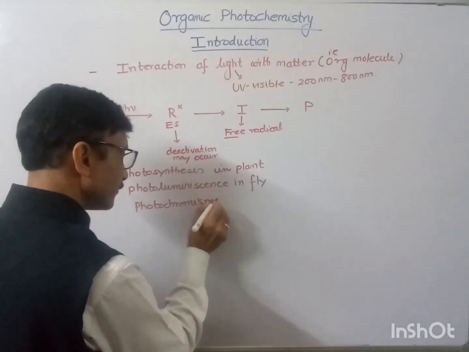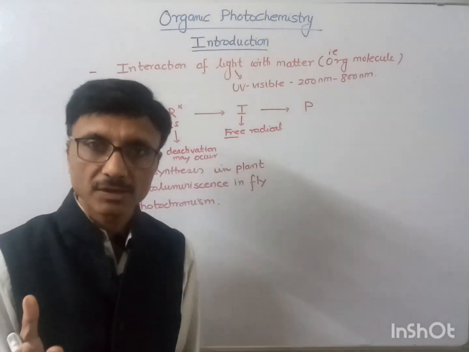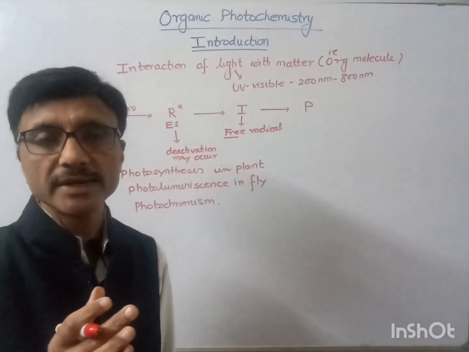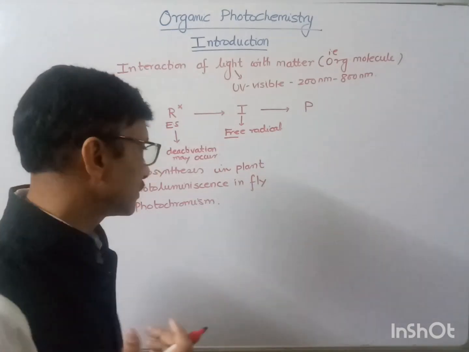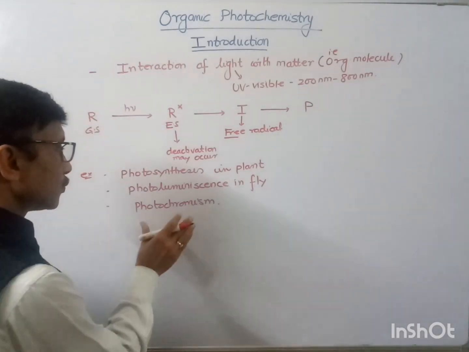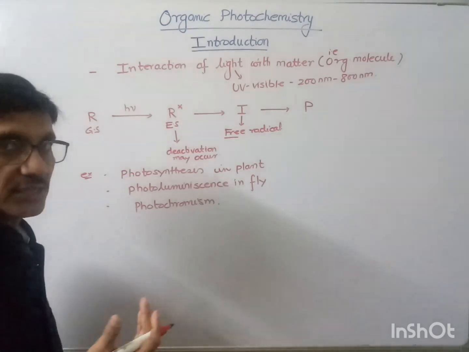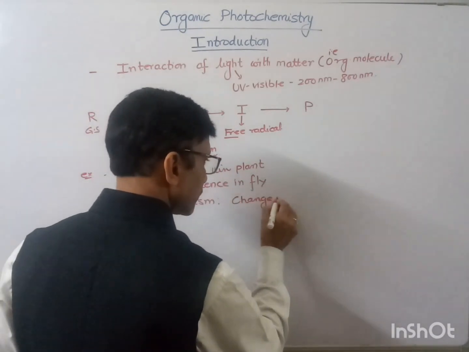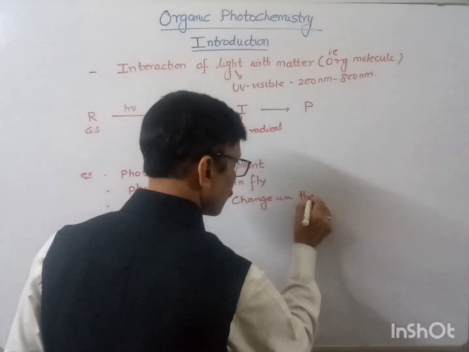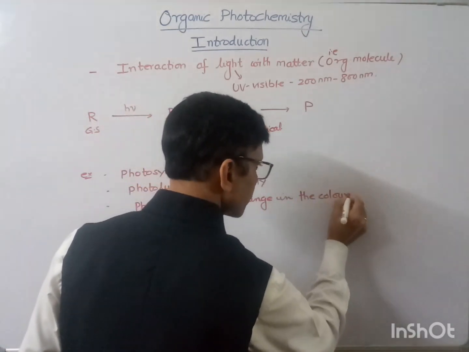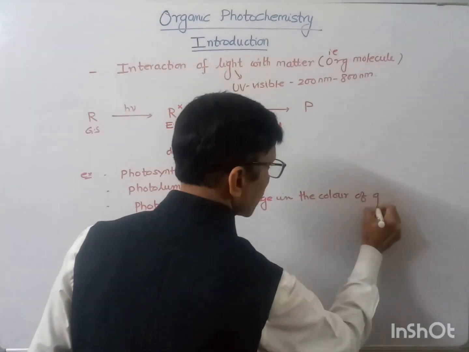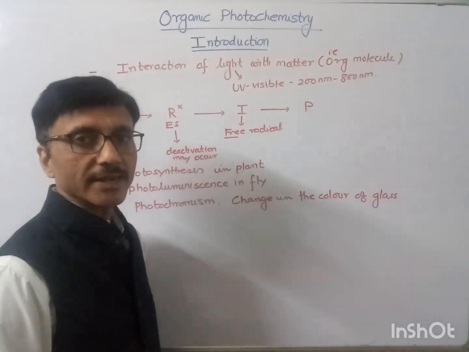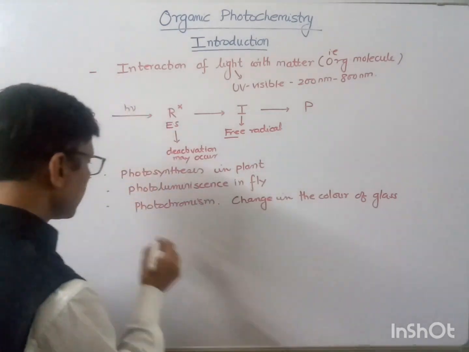We have seen the color of glass change in the presence of sunlight, and as soon as we remove the sunlight, the color of the glass comes back to its natural color.